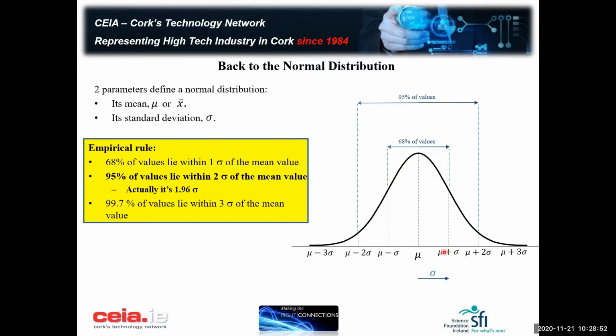And that says that for a normally distributed variable, 68% of all values lie between the mean minus one standard deviation and the mean plus one standard deviation.